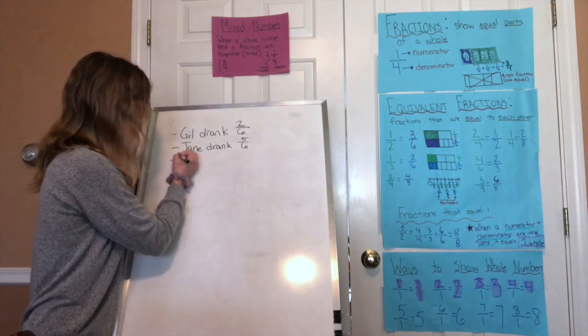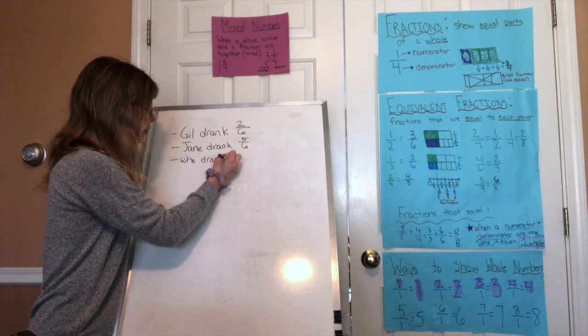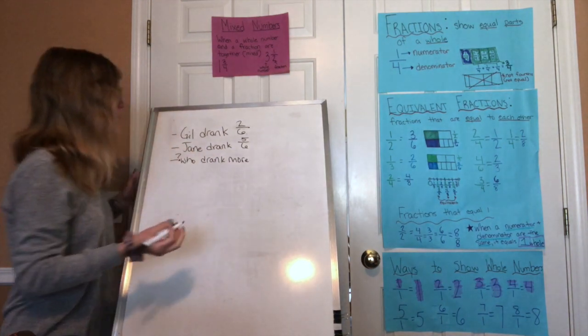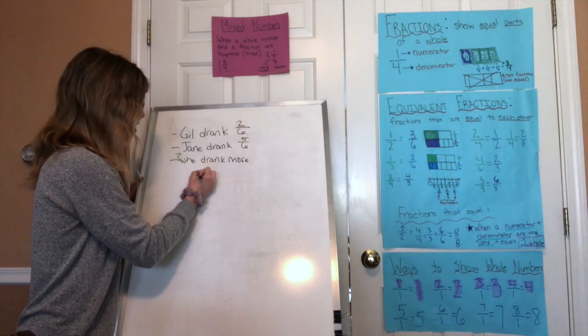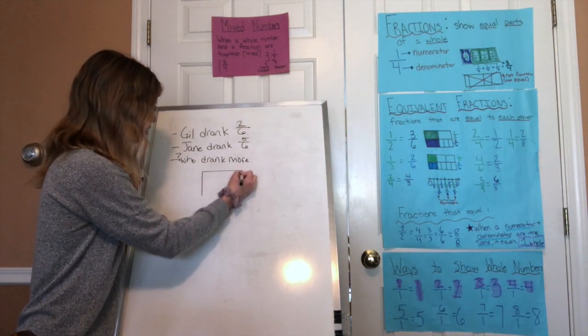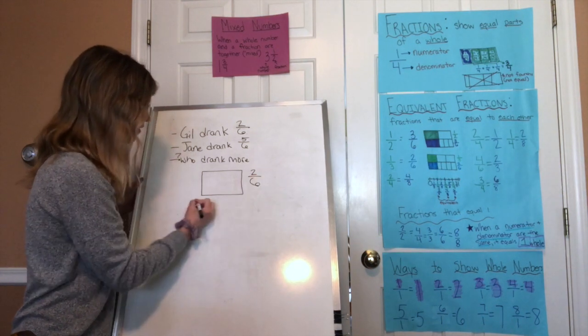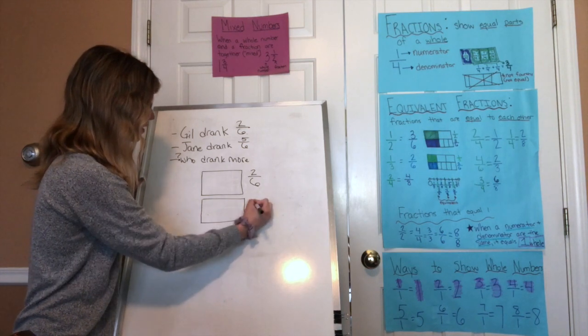So we're trying to figure out who drank more. So I'm going to make 2 fraction bars to show this. 1 fraction bar to show 2/6, and another fraction bar to show 5/6.